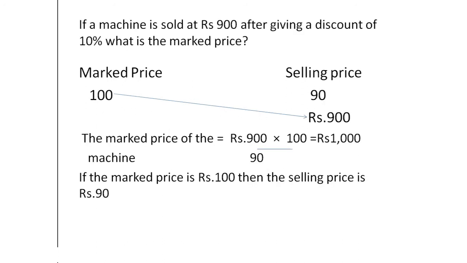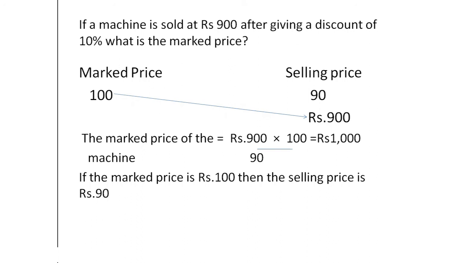If a machine is sold at 900 rupees after giving a discount of 10%, what is the mark price? What have they given? They have given the selling price. What are they asking? Mark price. You are right, mark price and selling price. Now take the percentage. What is the percentage? 10%. So mark price is 100 rupees. They are reducing 10 rupees for a 100 rupees item.